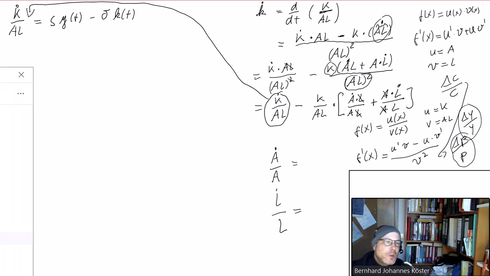And delta y over y, if we think that y is income or can also be interpreted as GDP, change of GDP over GDP is well, this is the main number we are focusing on if we want to describe an economy.